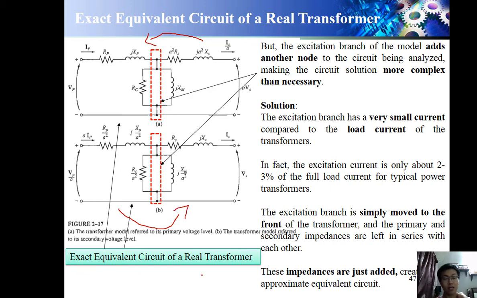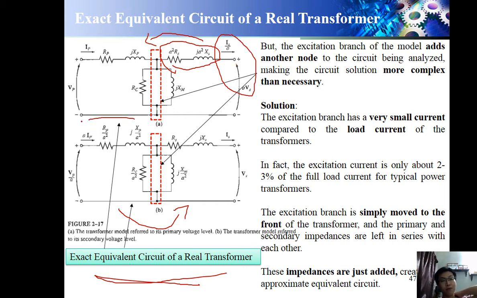So let's have a look. We call it the equivalent circuit of a real transformer. Then, okay, from these two, once we refer from the secondary side to the primary side, or primary side to the secondary side, the parameters are different. You see these parameters are different.